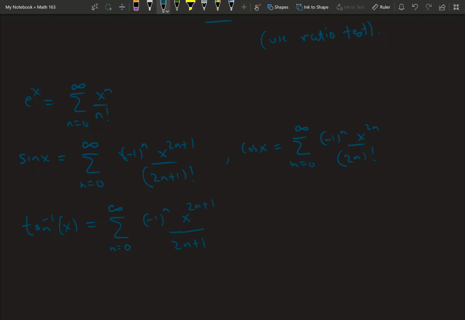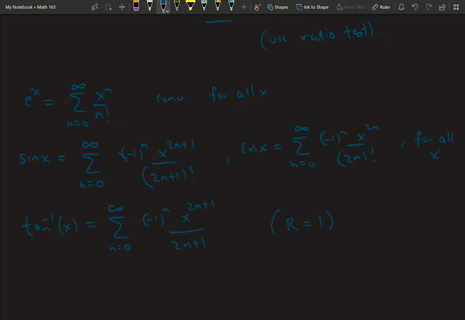Note that there's no factorial here, and this was the series expansion. By the way, this converges for all x. This is also for all x, for both of these. This one was not for all x. The radius of convergence was 1 here.